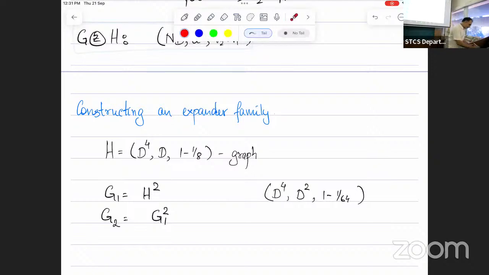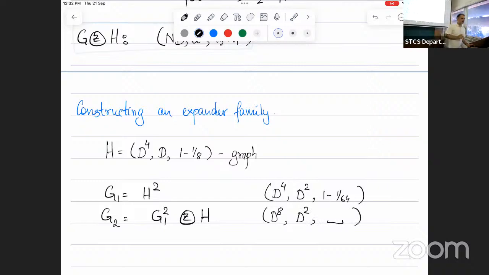And that matches up nicely with the number of vertices in H. So I'm going to take G1 squared's zigzag product with H. So when I take a zigzag product with H, the new degree will be capital D squared, and the number of vertices will now just be d power 8, because this had d power 4 vertices and it gets another d power 4. That's called the J graph.